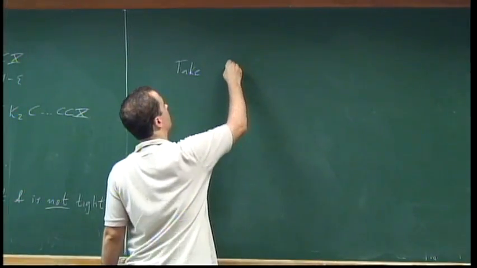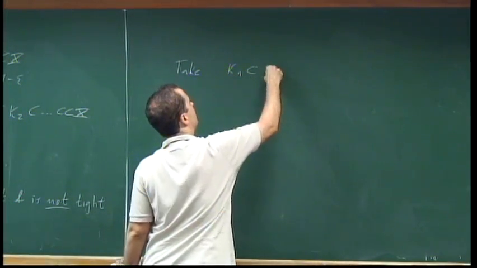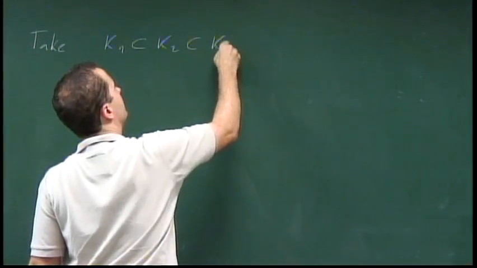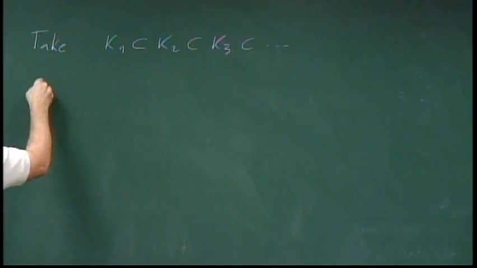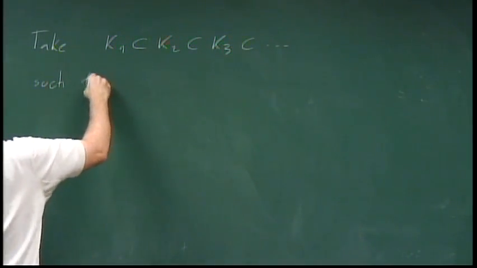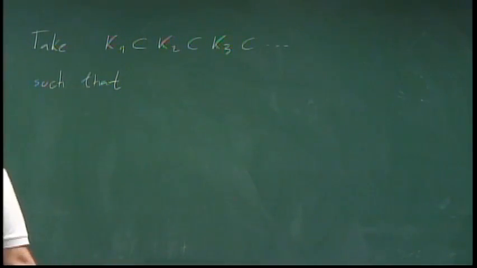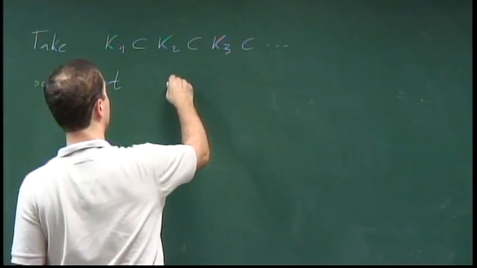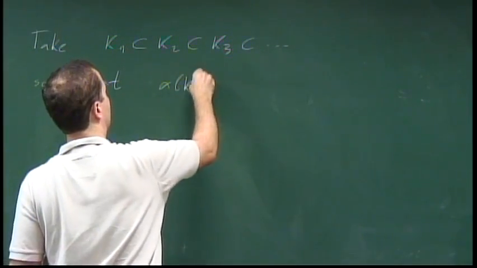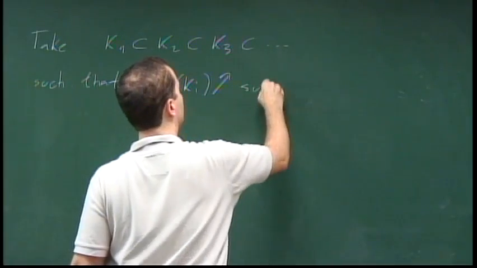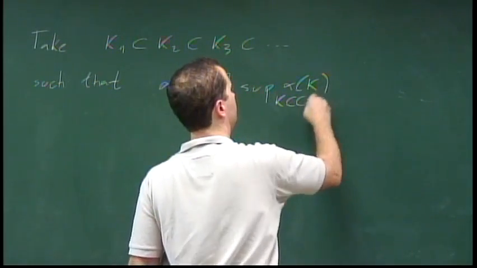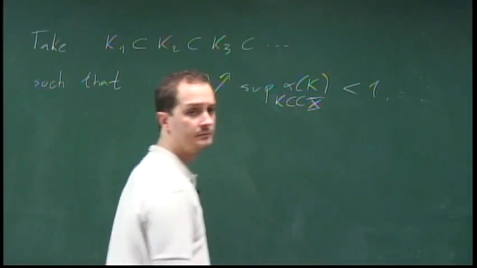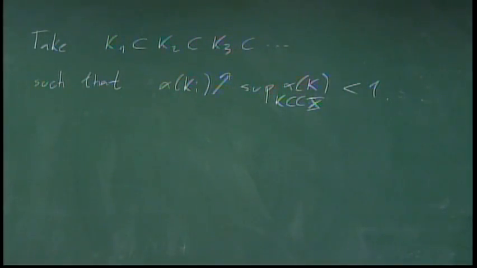So now I'm going to take a nested sequence such that alpha of K_i converges to the sup of alpha K, which is less than 1. You can do that for the same reason.